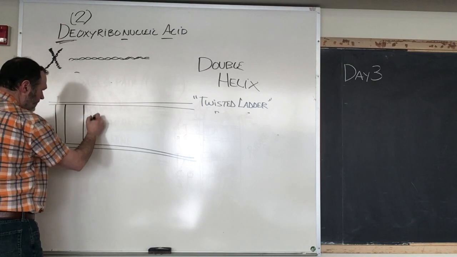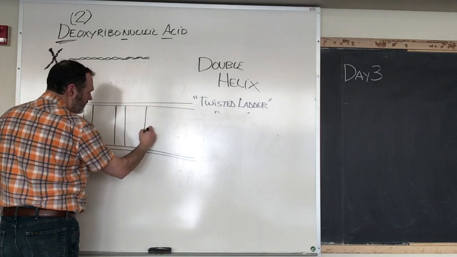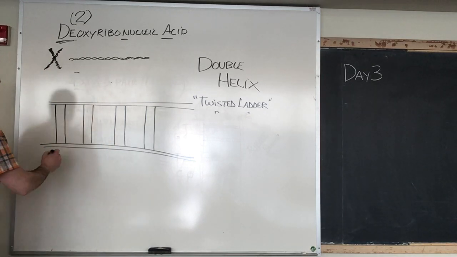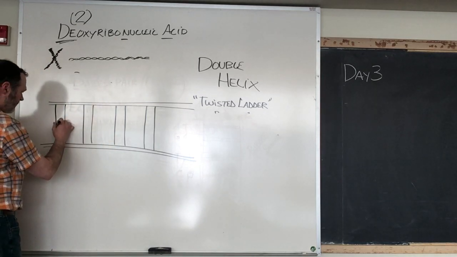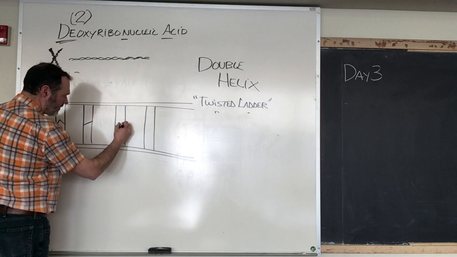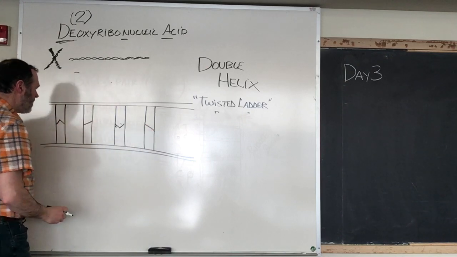And we've already said that these rungs are made up of the nucleotides, or nucleobases, or we'll just call them bases. Okay, so over here, I'm going to draw different symbols of how they connect together. So like this, and like that.